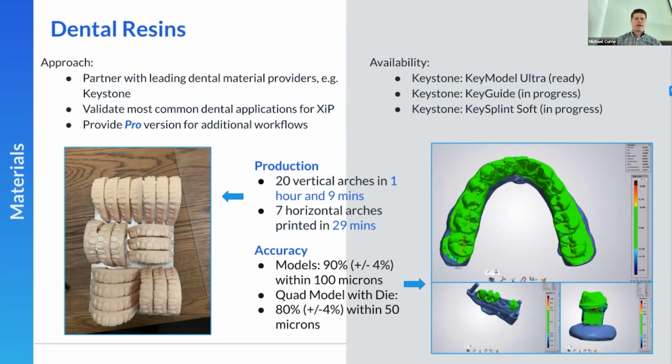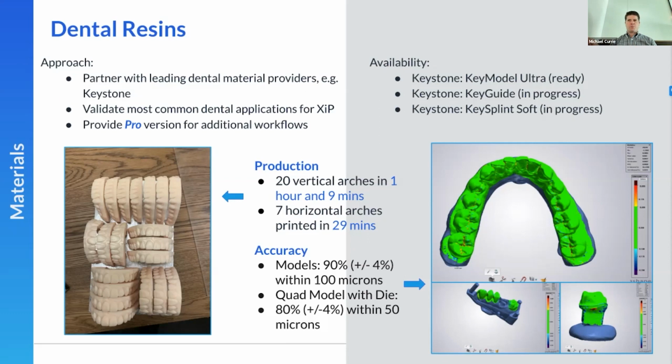In the pipeline right now, we have a model material ready to go, and we are in the process of validating with our material partner a surgical guide material as well as a soft splint material. And if you're wondering, okay, how fast is this print or how accurate is it? We're able to produce 7 horizontal arches in 29 minutes on the ZiP.